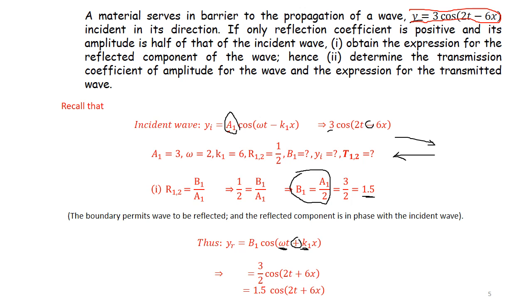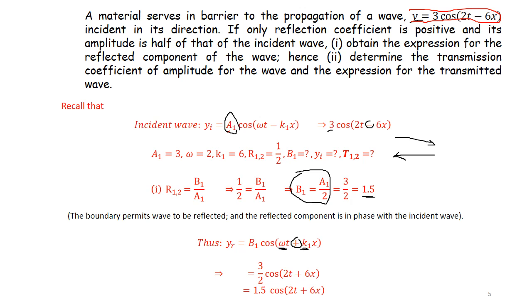If it is positive in the incident wave, it will be negative in the reflected wave. If it's negative here, as we have here, it will be positive in the reflected wave. But we have omega and k, which are consistent. So what we have is 1.5 cos(2t plus 6x).